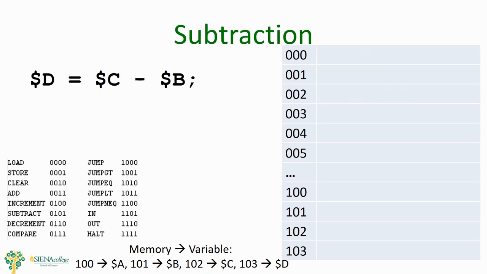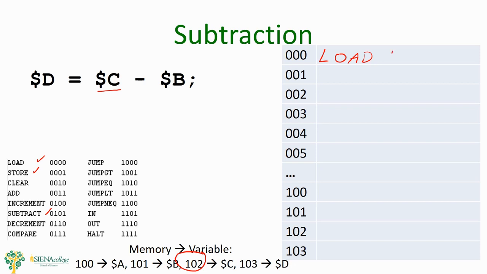Subtraction. Very similar. We're going to do a load, a subtract, and then a store. So the first thing we want to do is load C. C is in location 102.